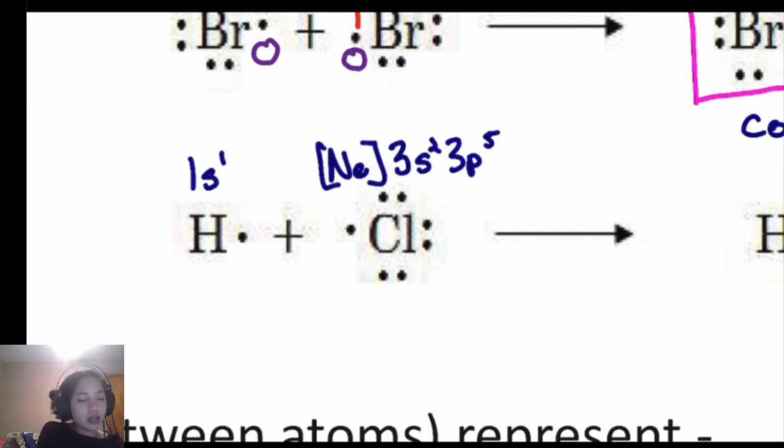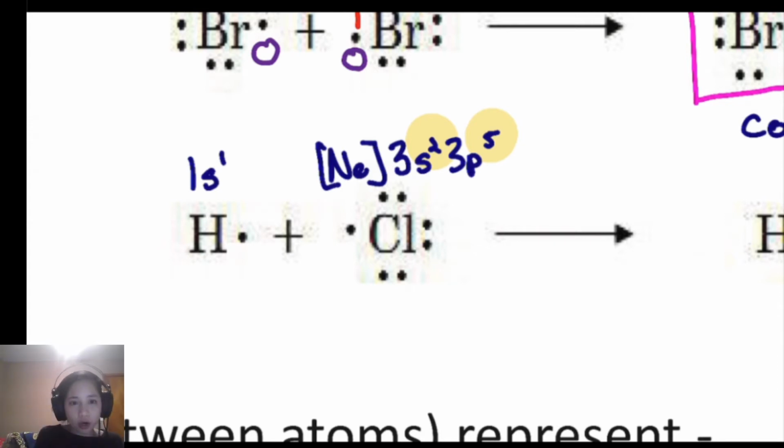So you can see here, n equals 3 is the outermost shell. There are seven total valence electrons. You see that there are seven electrons around the chlorine's Lewis structure. There is one electron vacancy, but hey, look, with this hydrogen we can share an electron and fill that vacancy.